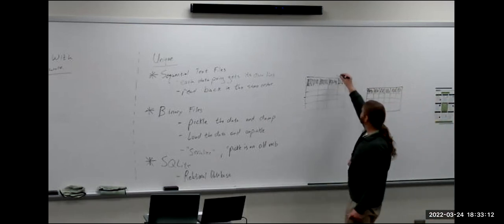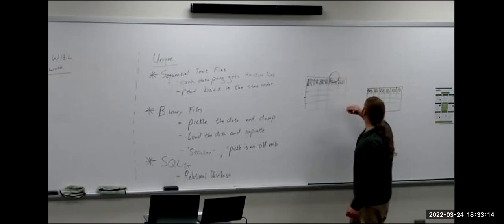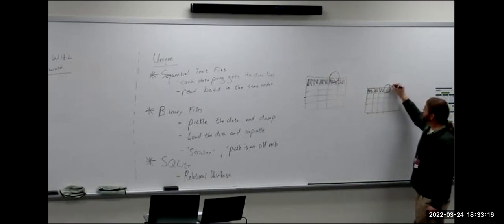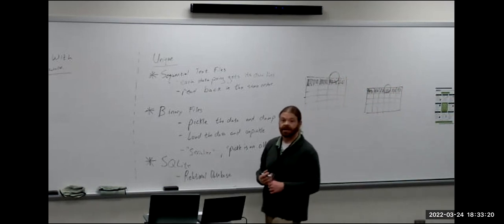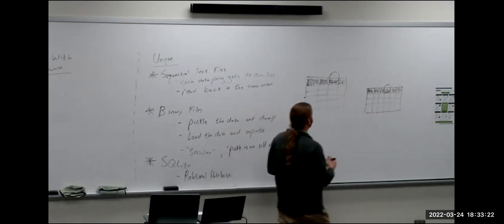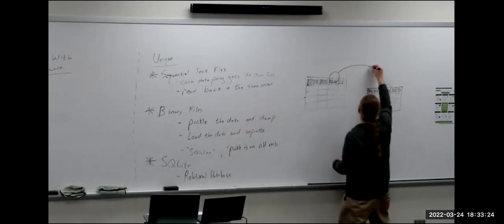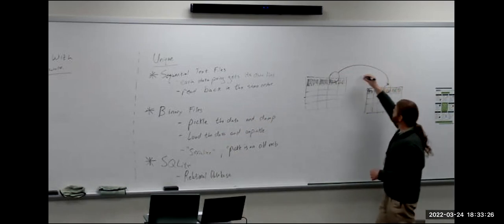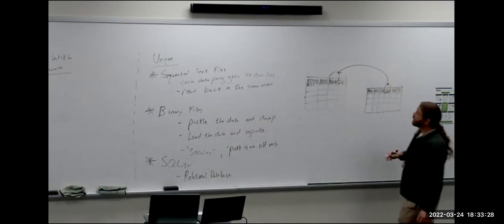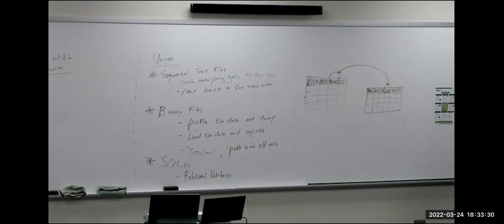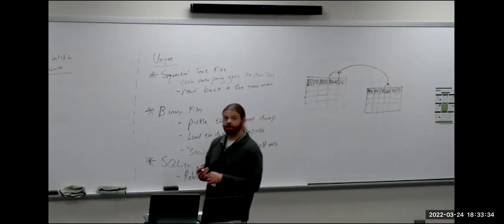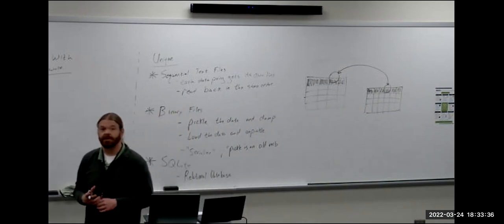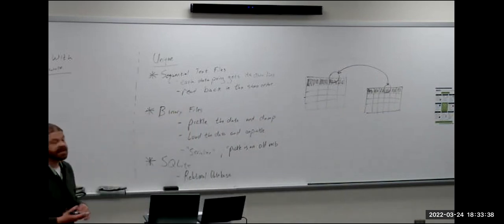So maybe this row and this row are actually the same data. We can use that to form a connection. A relationship between our tables. And it's kind of like a shortcut for the computer to travel around between data points.